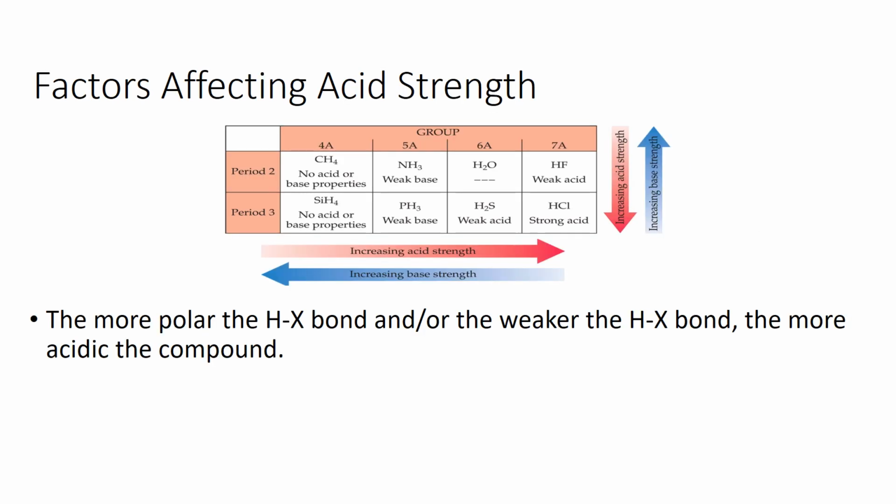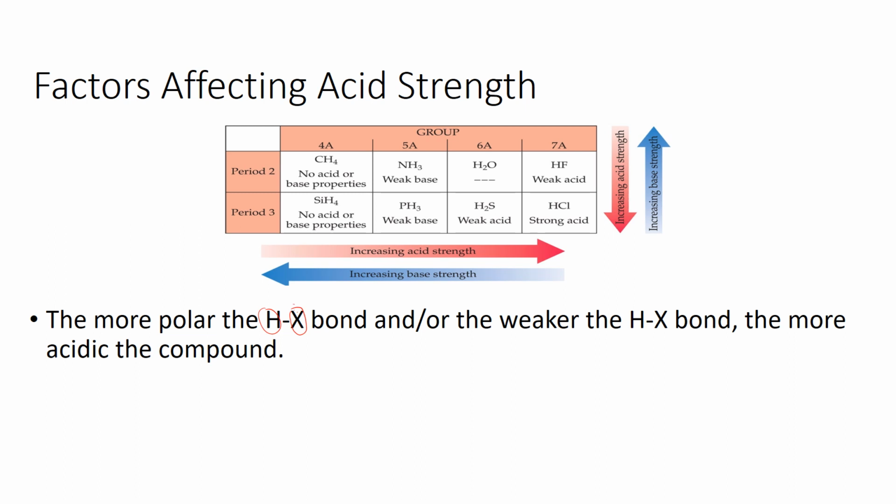What are some of the factors that affect acid strength? One of them is the polarity of the H-X bond. This atom that is bonded to H, the more polar this bond is, if there's a big difference in electronegativity, the more acidic the compound is.